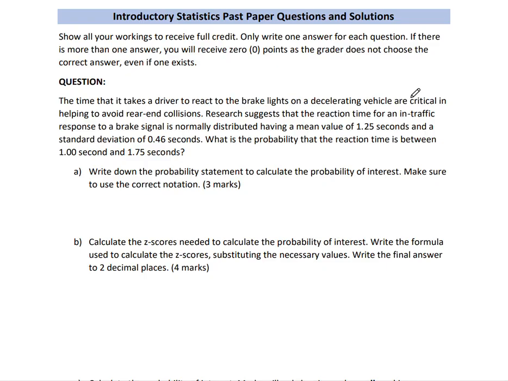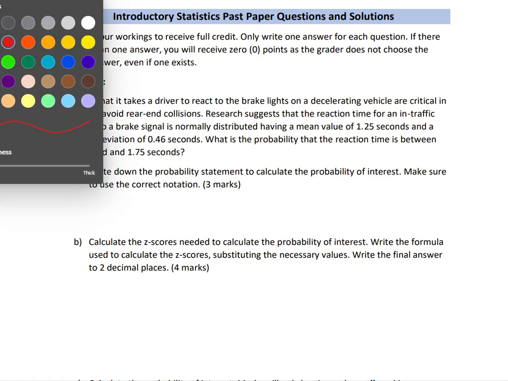We are asked, what is the probability that the reaction time will be between 1 second and 1.75 seconds? So we are asked to write down the probability statement to calculate the probability of interest and ensure that we use the correct notation here for 3 marks.